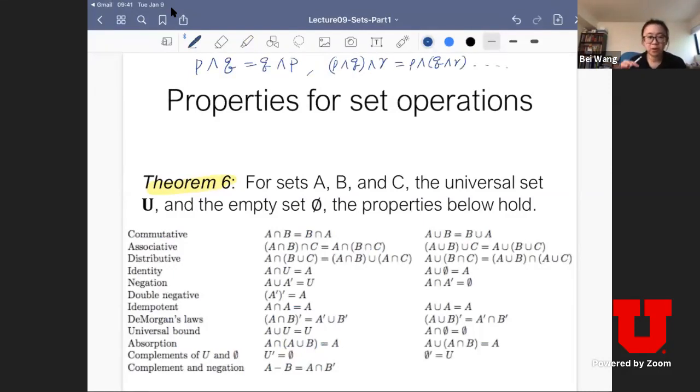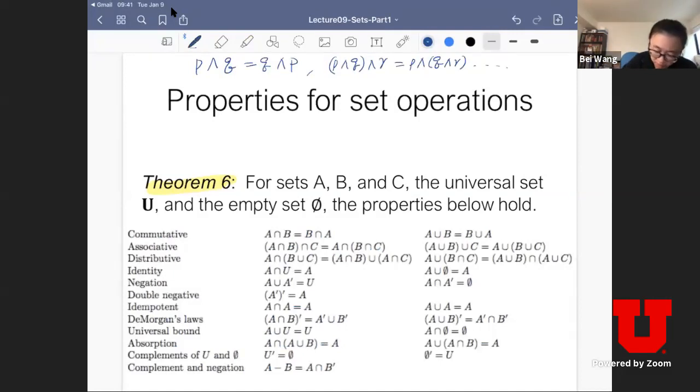So you can actually see a similar set of properties associated with Boolean operations show up as properties for set operations. For example, A intersect B is the same if I switch the order, which is equal to B intersect A. Or if I take the union operation, A union B is equal to B union A. We have the associative property, so that A intersect B intersect C, if I take the intersection involving A and B first and then C, is the same as taking the intersection involving B and C first and then intersecting with A. So that is associativity. The distributive property is the same.